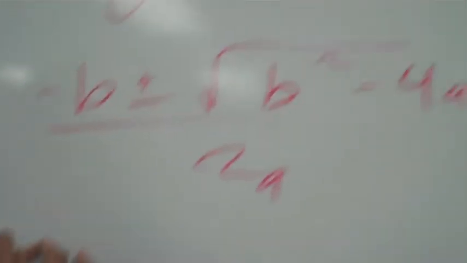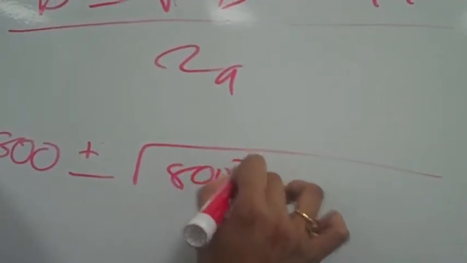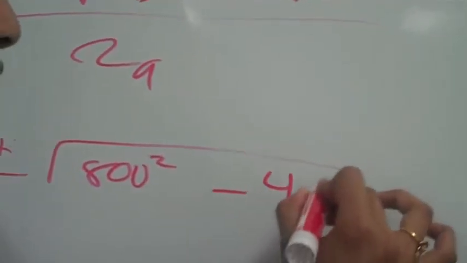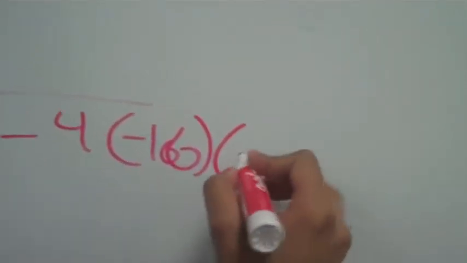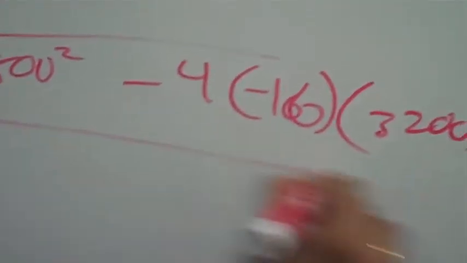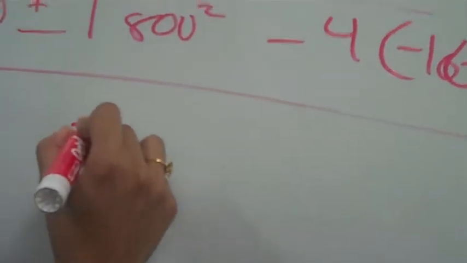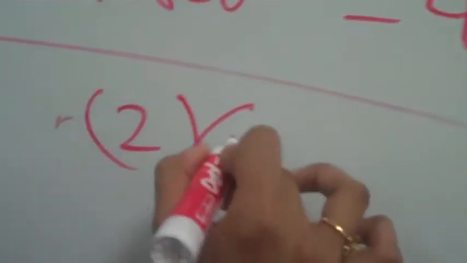So b is 800, so negative 800 plus or minus the square root of 800 squared minus 4 times negative 16 times 3200, all over 2 times negative 16.